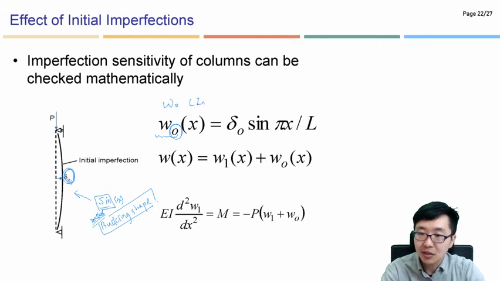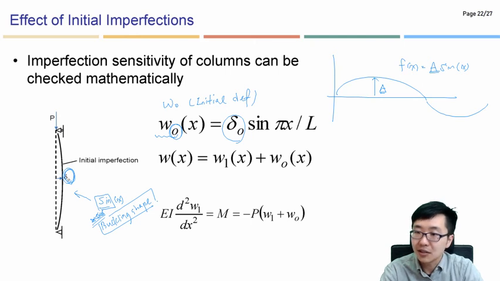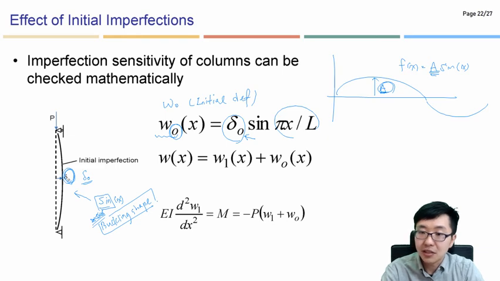This means the initial deflection of the column. This amount is actually the amplitude: if we have the sine function f(x) equal to a sine x, this a represents the height or the amplitude of the sine function. So in this case, this is the initial deflection amount, exactly the same as here, amplitude, and this is the function.